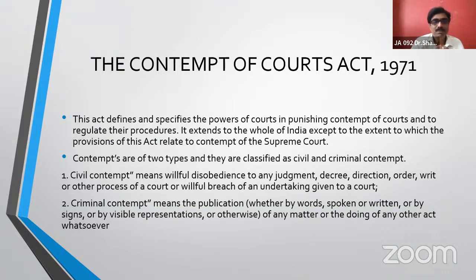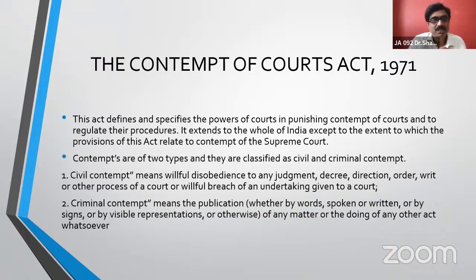Next, criminal contempt means the publication, whether by words spoken or written, or by signs or visible representation or otherwise, of any matter, or the doing of any other act whatsoever, which is considered criminal contempt of the court.